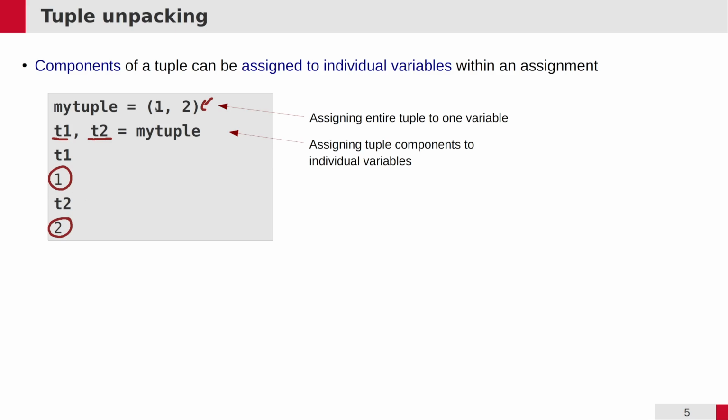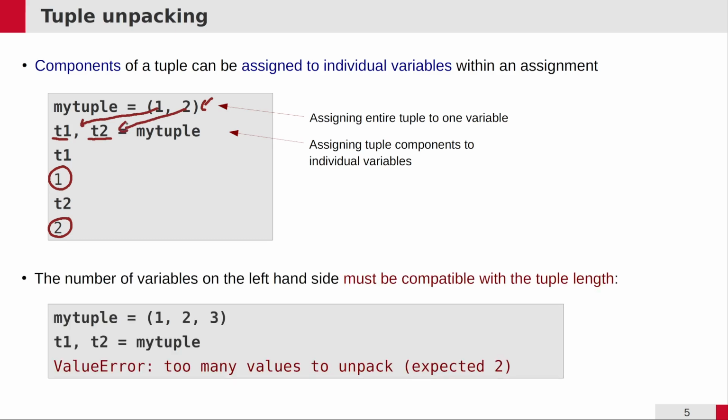Basically, the first tuple item is assigned to the first variable, and the second tuple item is assigned to the second variable on the left-hand side. Of course, it only works if the number of names on the left-hand side matches the number of items on the right-hand side.